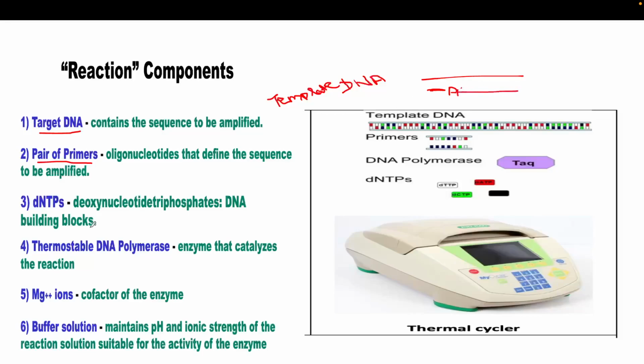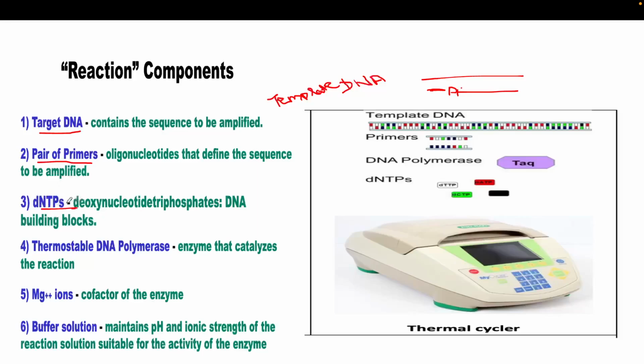Apart from that, you require dNTPs. These dNTPs are the individual nucleotides, the deoxynucleotide triphosphates, or you can say the DNA building blocks. When you are amplifying this target DNA, for amplification you require nucleotides, so that they can base pair with the template and produce the replica of that template.